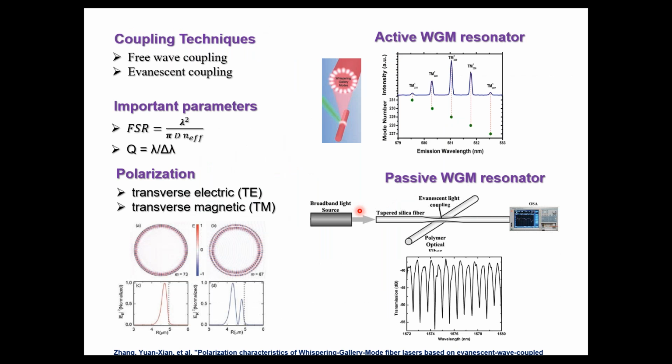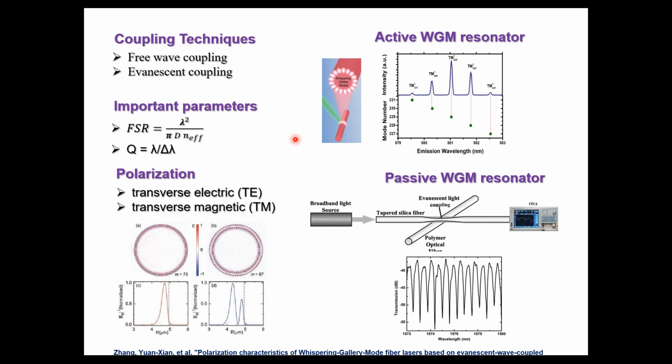So there are different coupling techniques available for how you can couple light to a cavity. It can be free wave coupling, something like you shine light from outside directly onto the structure. Or it can be evanescent coupling.